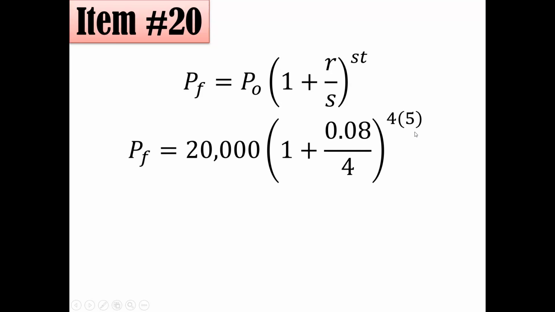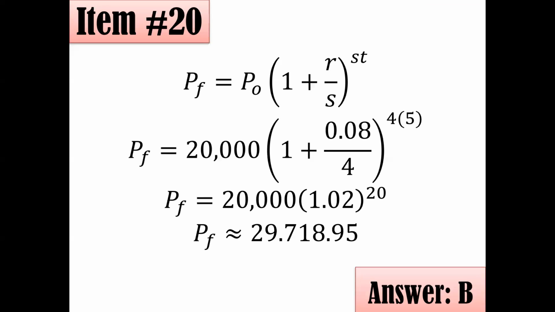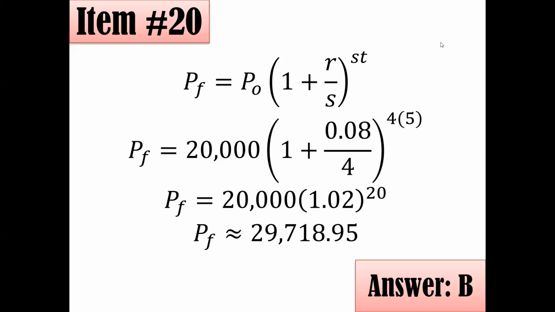And if we use our calculators for this, you will get a value that's approximately 29,718.95, letter B. Okay, so thank you. And many of you got it right. All right.